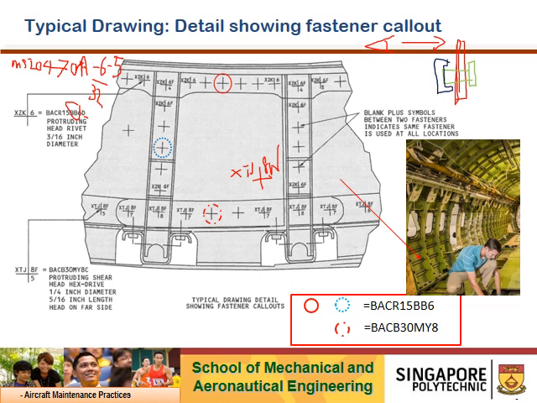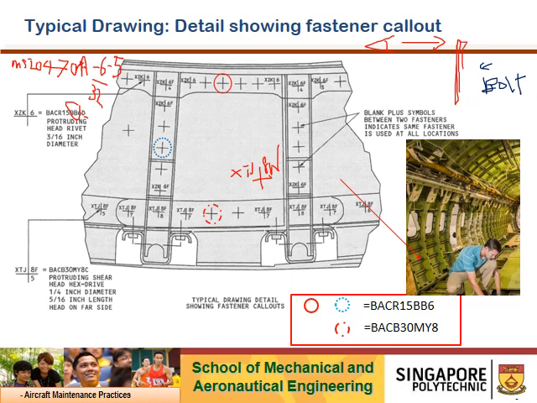Let me change the ink color. Give me a minute. Okay, so if it's a far side, that means when the installer does it, you will install the fastener bolt here.